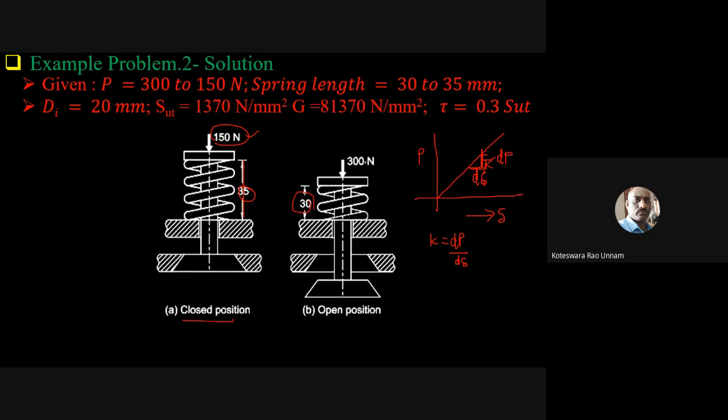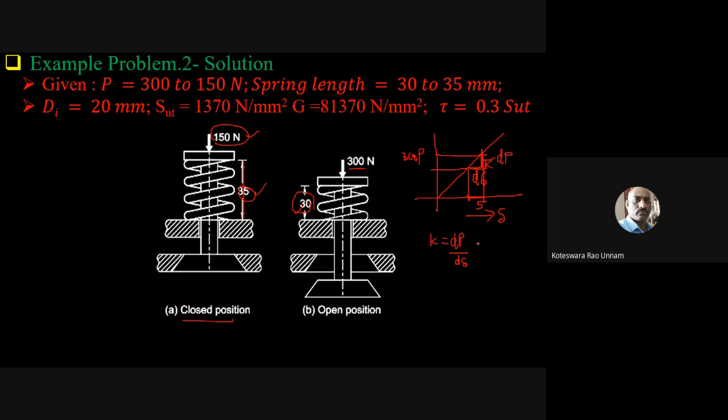When load is 300, the length is something here. When load is 150, the length is something here. Therefore the change in length is your d delta. The lengths are 35 and 30, so the delta value is 5.